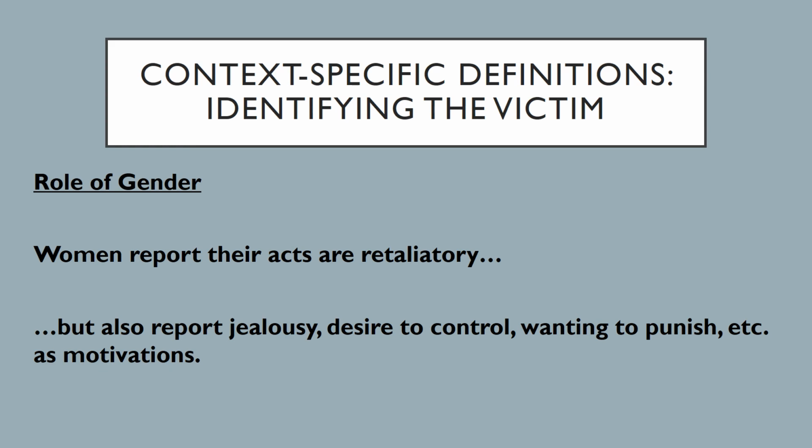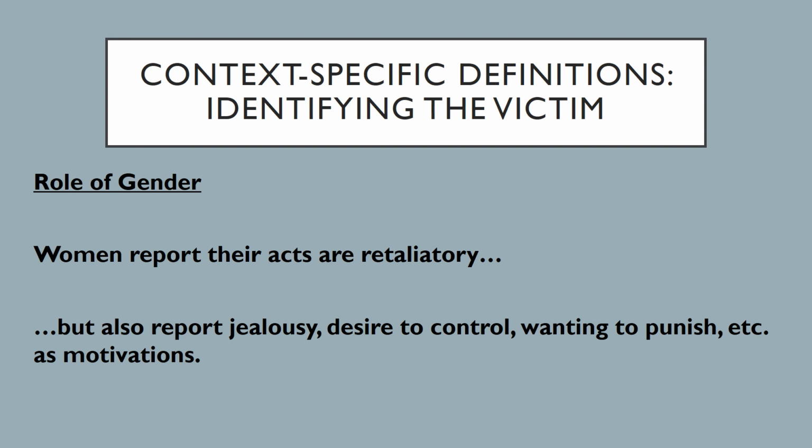Women who are engaged in domestic violence and then are labeled as the perpetrator or an aggressive victim often report that their acts are retaliatory, right? I was being beat, I was being abused, he was doing X, Y, and Z, and that's why I finally lost it and grabbed a knife or a baseball bat, whatever, and went after him. They report that their acts are retaliatory.